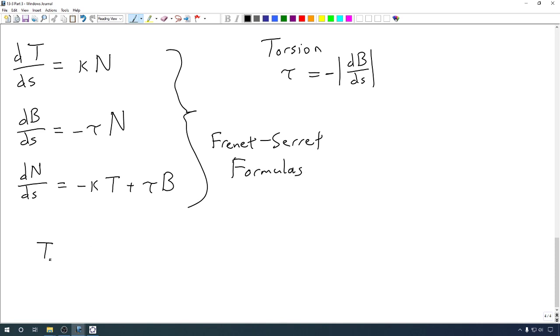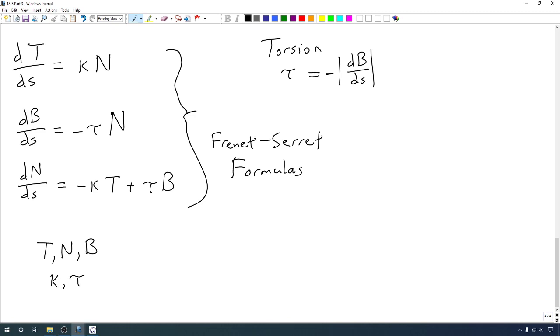The collection of our Frenet-Serret frame t, n and b with the functions kappa and tau is frequently called the Frenet-Serret apparatus, because it's all the information that we can know about a curve, and it will pretty much tell us exactly everything we need to know about that curve.